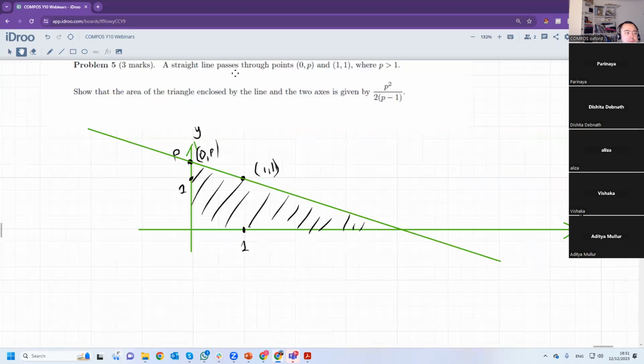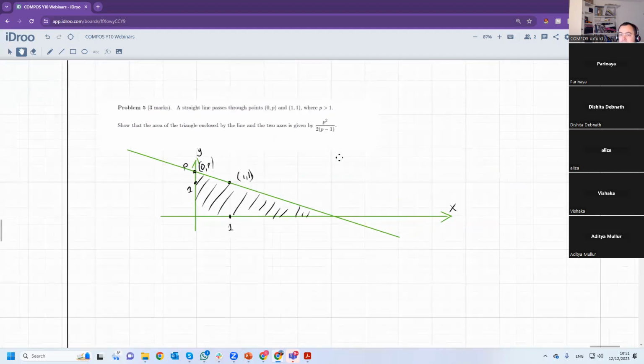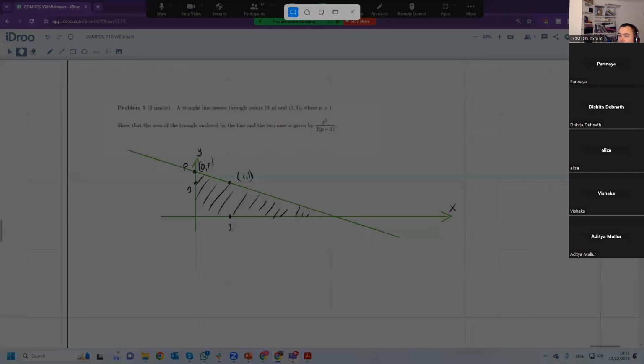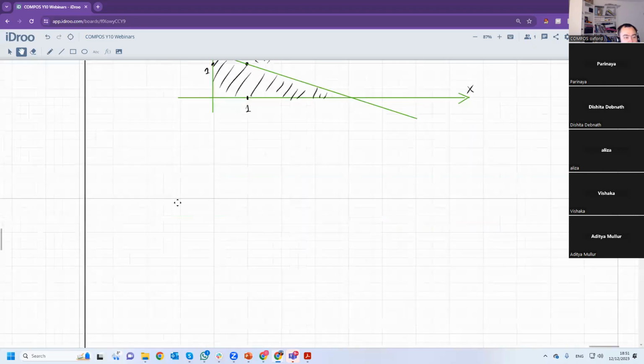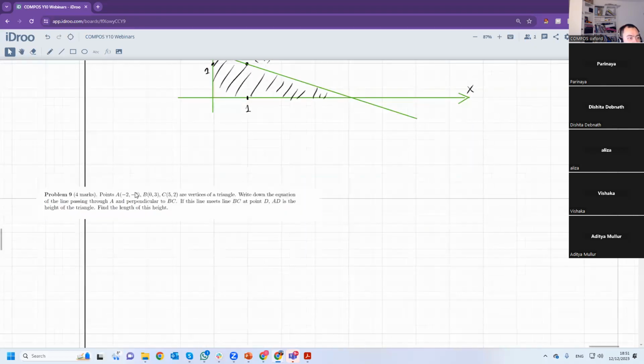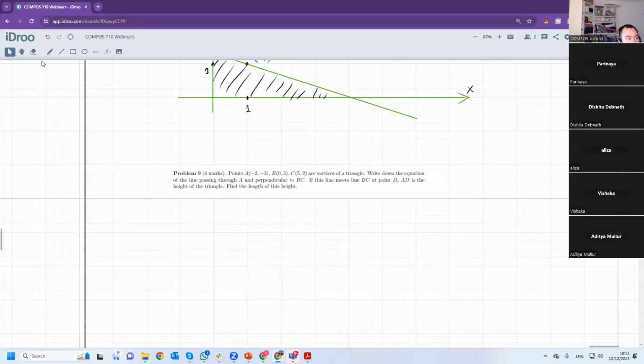Anything else? Can I do problem 9 in math? I can do, but probably won't do it, but I'll give you hints. Points A, B, and C are vertices of a triangle. Write down the equation of the line passing through A perpendicular to BC. If that line means height. Well, good diagram.